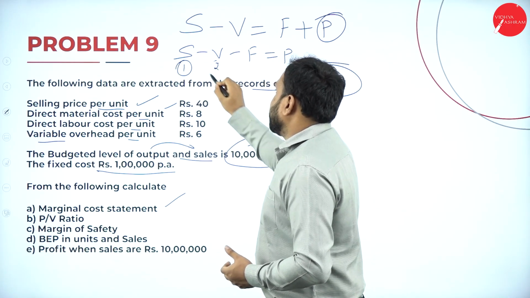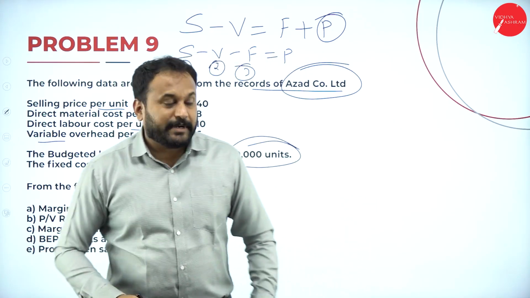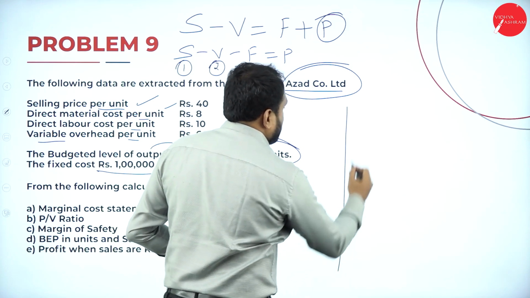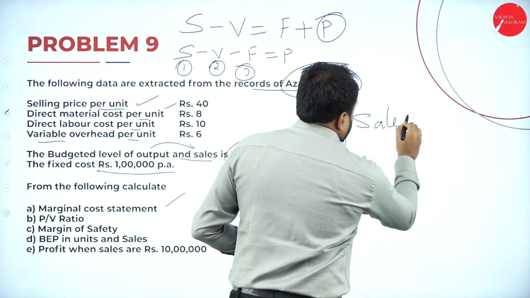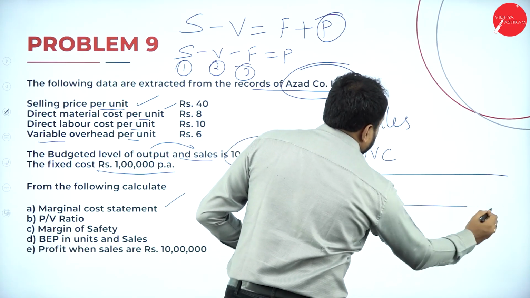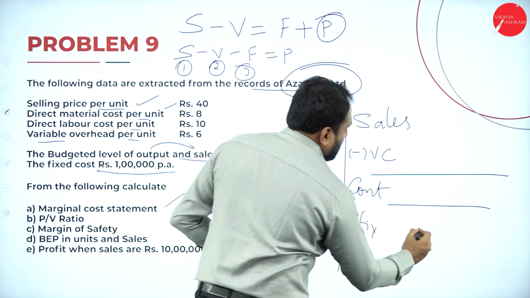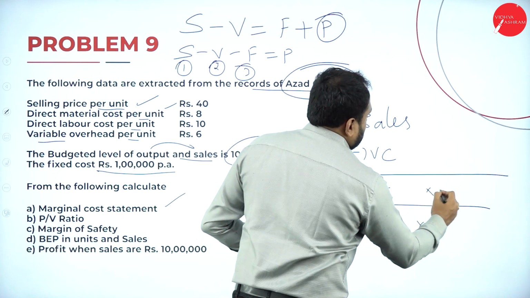First one, second and third one. So what is the marginal cost statement here? In the sense, we should go with sales, then minus variable cost. Whatever we get, that is called contribution. Then minus fixed cost, whatever you get here.